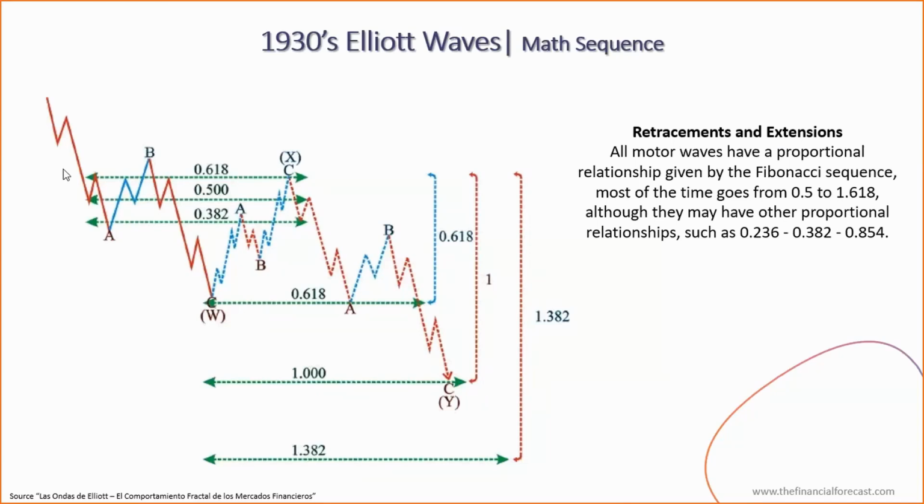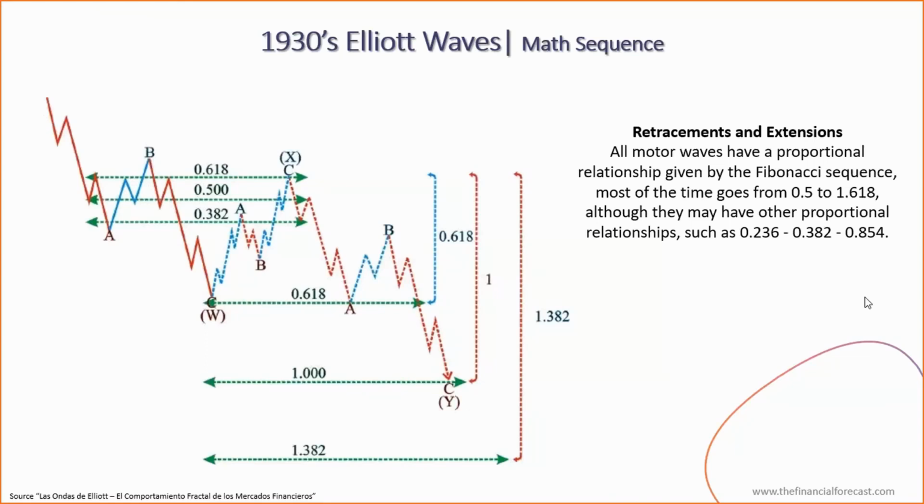And also, motive waves are connected by that Fibonacci ratio by length. If we project the length of wave A from the end of wave B, we will find that most of the waves finish between these areas also: 0.618, 0.854, 1, 1.236, 1.618, and so on.